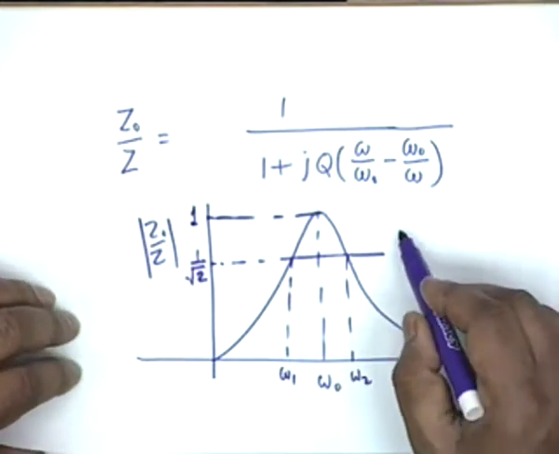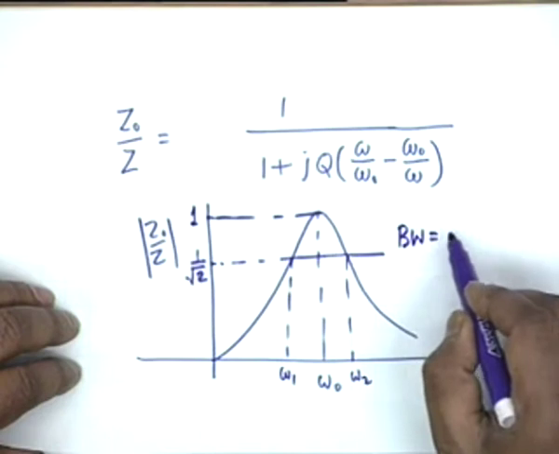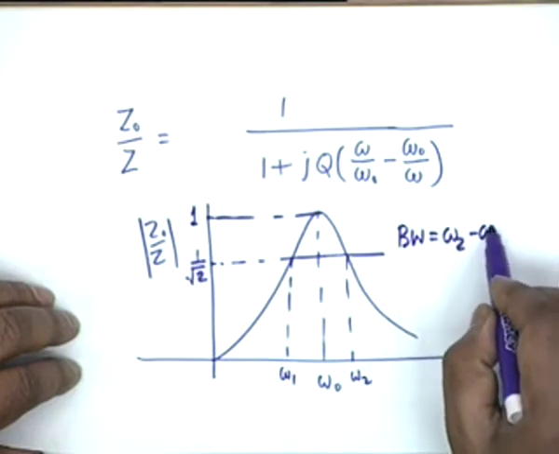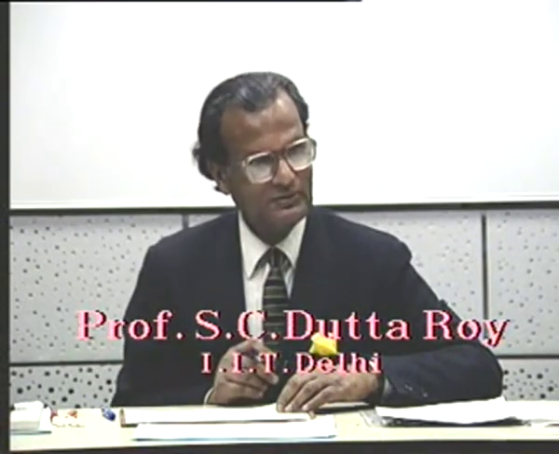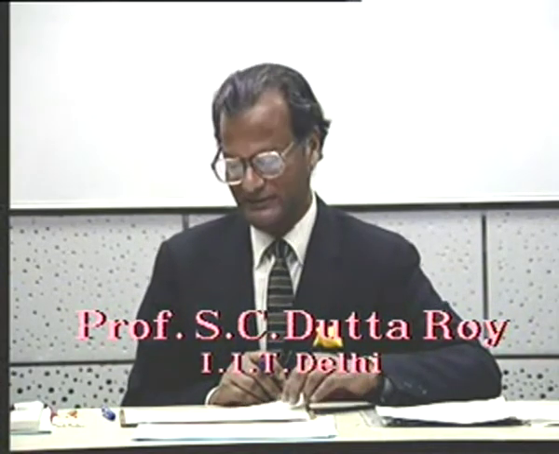Then the difference between omega 2 and omega 1 is defined as the bandwidth of the circuit, the width of the band at which the impedance magnitude is no less than 70.7% of its maximum value. We can actually find out omega 2 and omega 1.